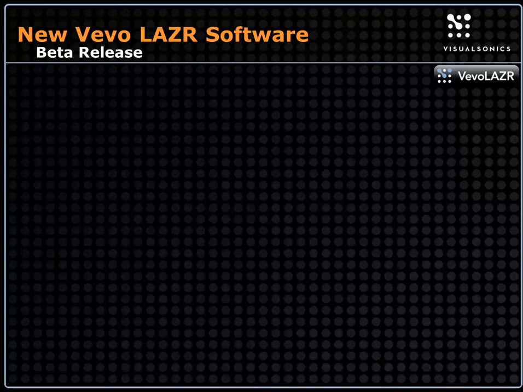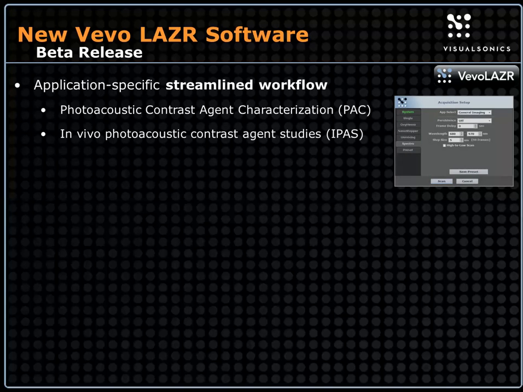The software that's associated with this, we have been continually developing. There's going to be a new beta release coming out this fall. And those are the features that I'm going to be using for this tutorial to show you how the new software works. The real focus of this software development has been on a streamlined workflow, and we're coming at it from an applications perspective.